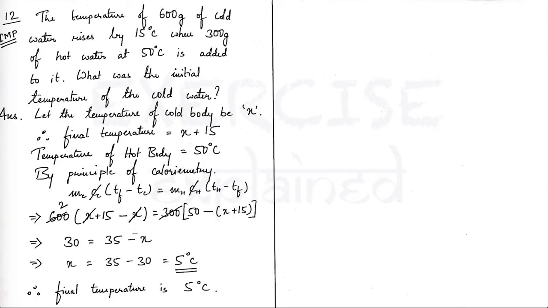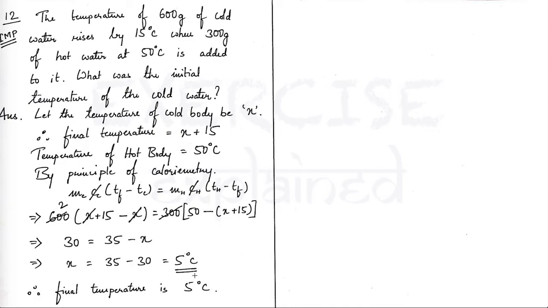Now minus x goes to the other side and 30 comes to the right hand side. We get x is equal to 35 minus 30. So x is equal to 5 degree Celsius. So the initial temperature is 5 degree Celsius.